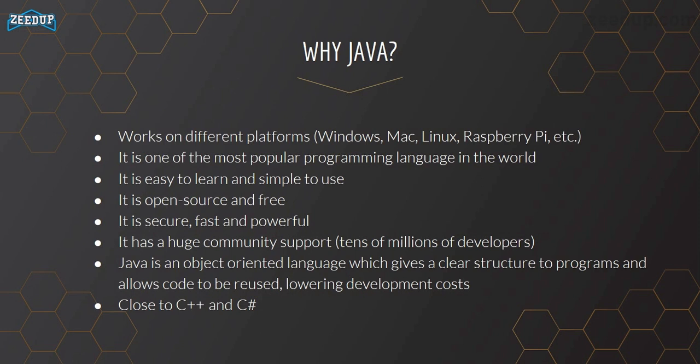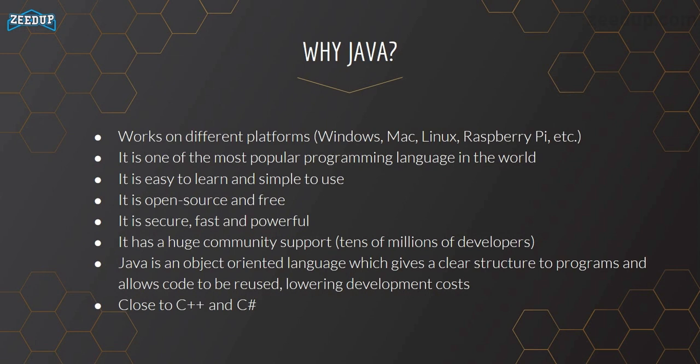Apart from that, whatever code you write in it remains secure, its execution is fast, and the features provided by Java are powerful, which is why it is loved by developers all over the globe. It has huge community support. If you run into any kind of problem, you can just post your questions and there are millions of developers all around the globe who will come to your aid.